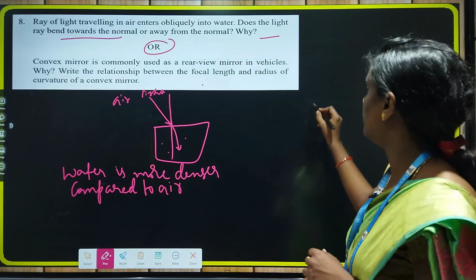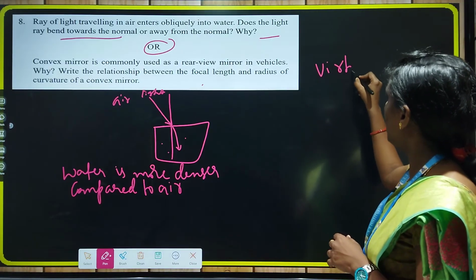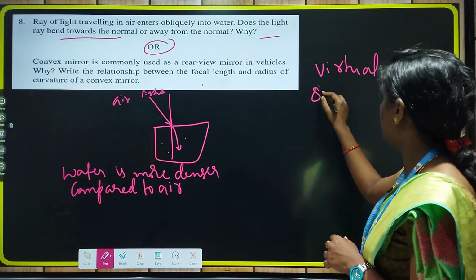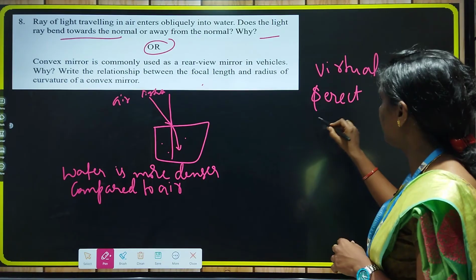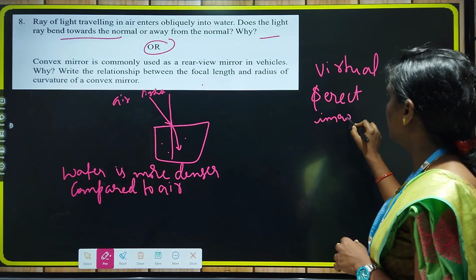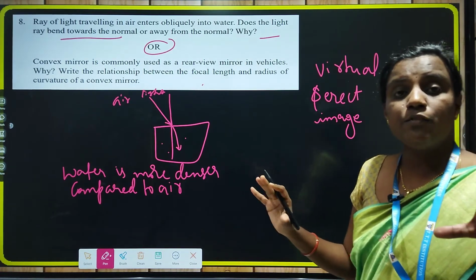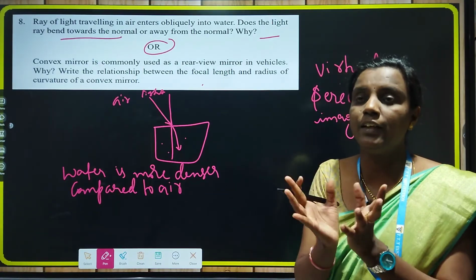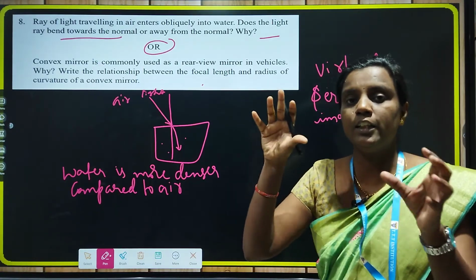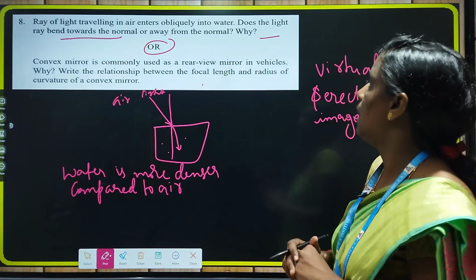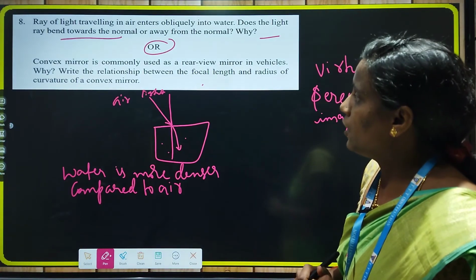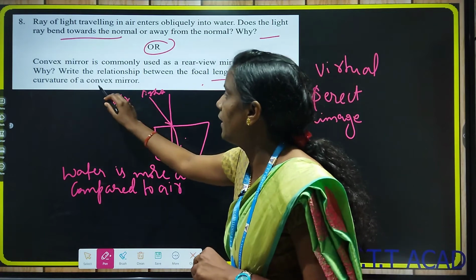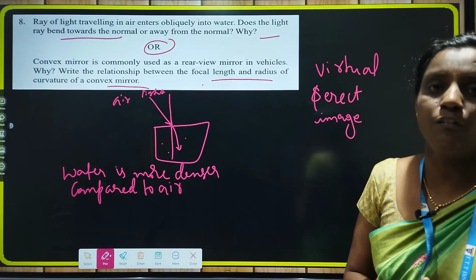So, what happens when it gives you a virtual and erect image? The image will be diminished and you can see it in a bigger field. And write the relationship between the focal length and radius of curvature of a convex mirror.